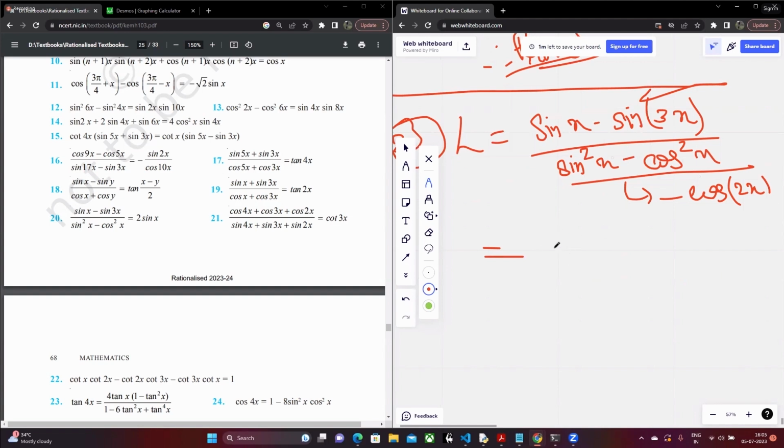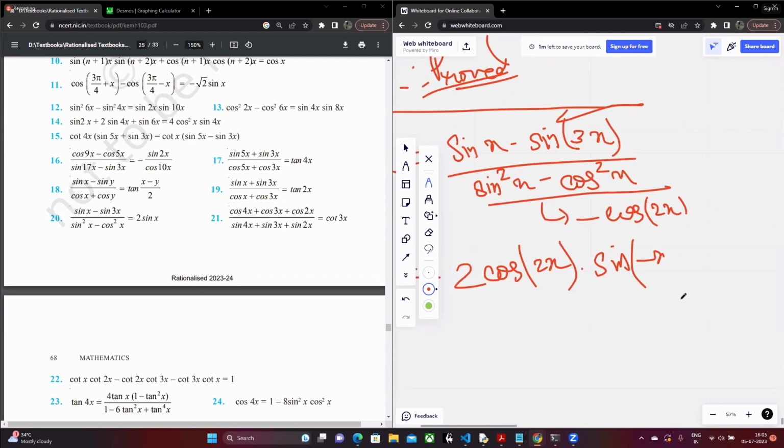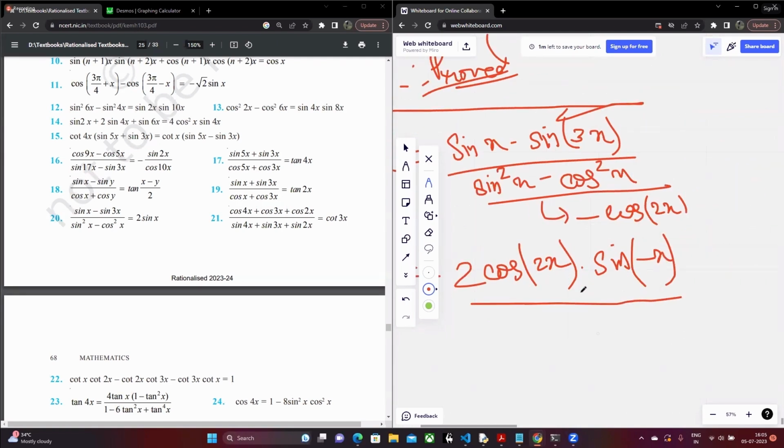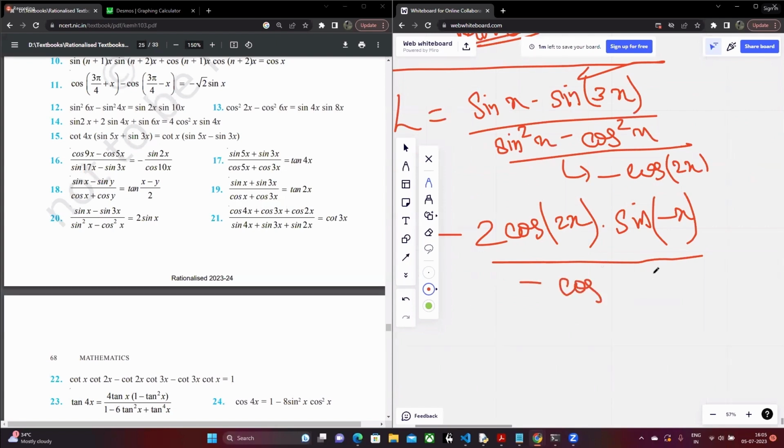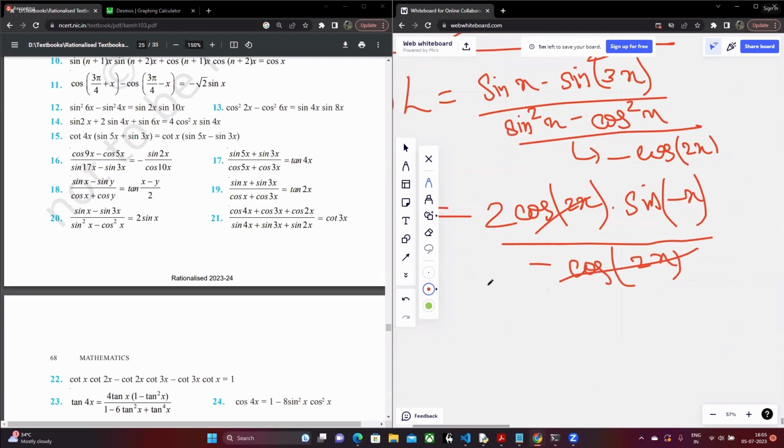So the numerator is going to be your normal sin x minus sin 3x, right? Is going to be 2 cos of x plus 3x by 2, that is 2x, into sine of x minus 3x by 2, that is minus x, whole divided by minus cos of 2x. Cos 2x and cos 2x is cancelled out.